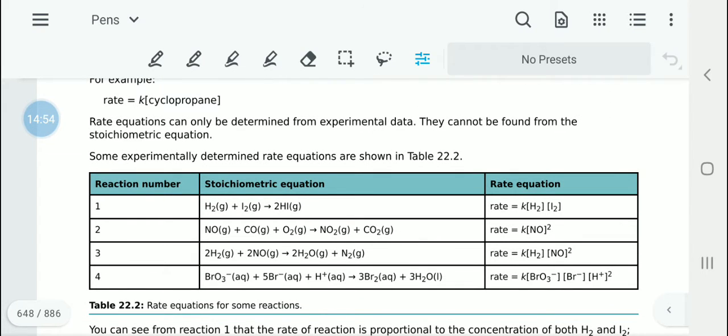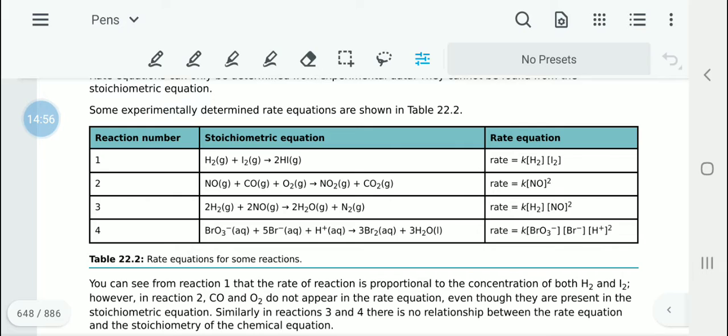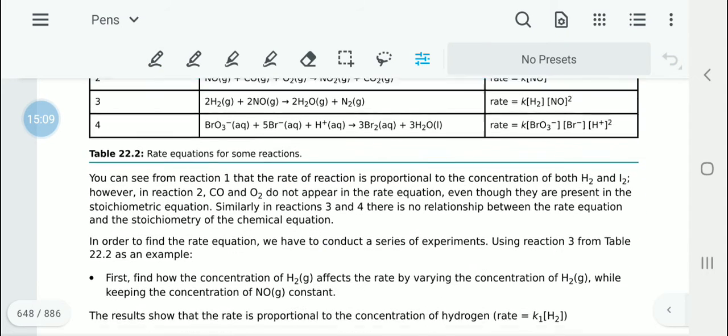Below are some of the experimentally determined rate equations, and write this table down. It would give you an idea as to how these things are developed.